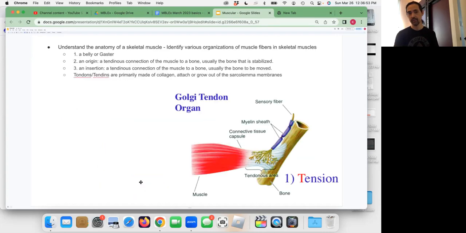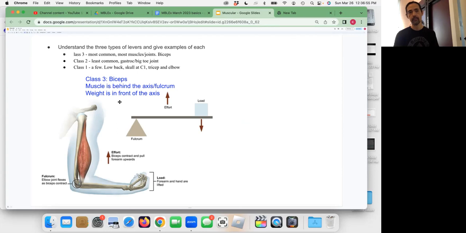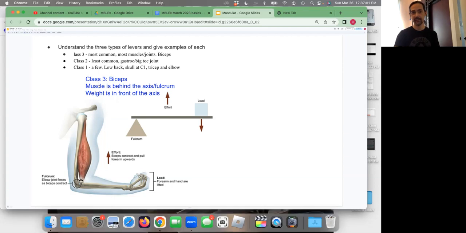And I just want you to remember that with a class 3 lever, the muscle is in front of the axis or the fulcrum, and the weight also is in front of the axis or the fulcrum, or the muscle is between the axis and the weight.